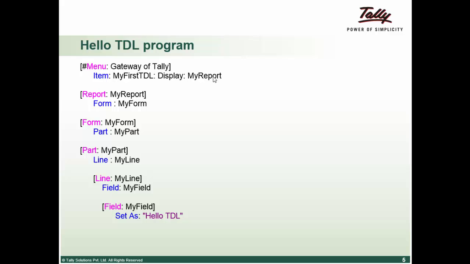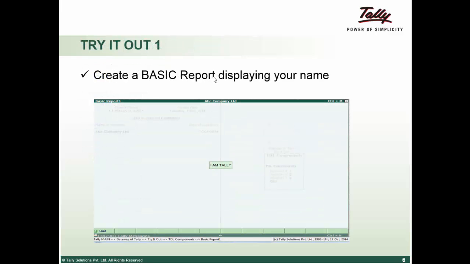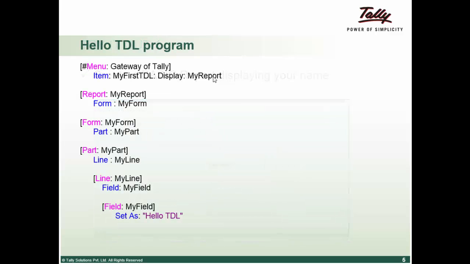And this is our basic Hello TDL program. This demonstrates a basic structure of TDL, and this can be executed from the menu Gateway of Tally. So let us start writing our first basic report, Hello TDL.